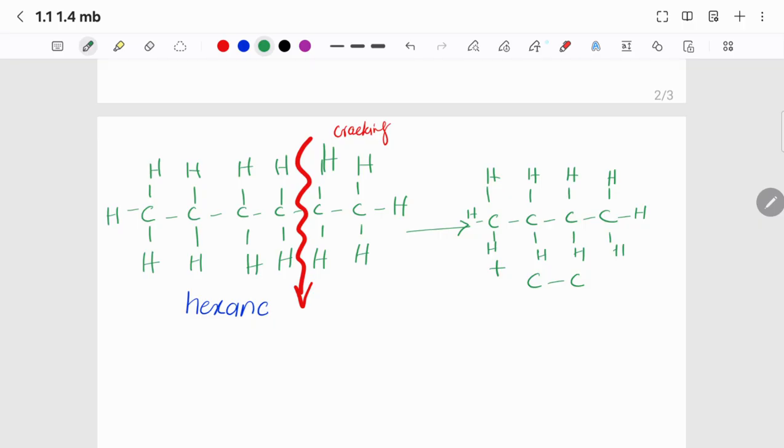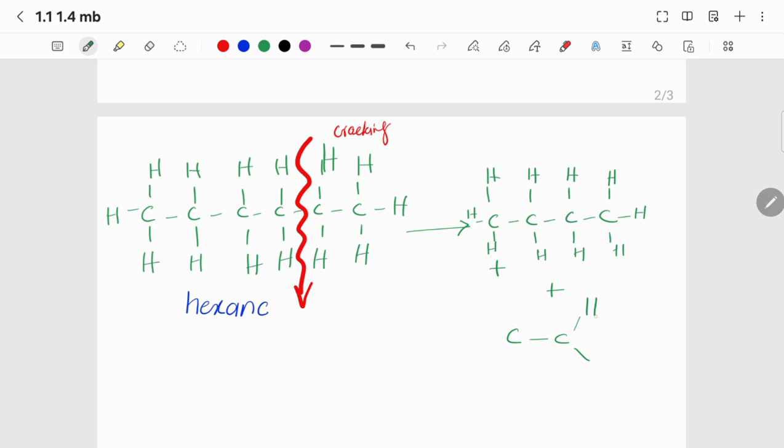By the way, we have 14 hydrogens in total. So I have attached 10 hydrogens here, and we are left with only 4 hydrogens.